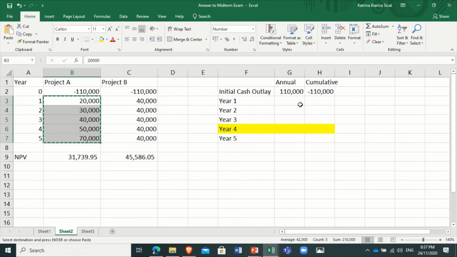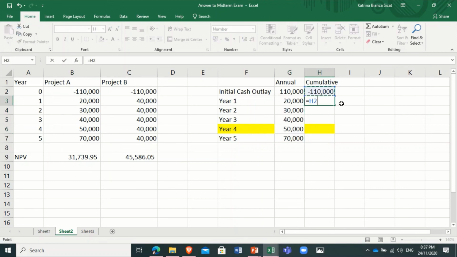So, copyhin ko lang siya dito. Alright. So, from here, equal sign, 110,000 minus 20,000. Ibig sabihin, sorry, plus pala dapat. Naka-negative nga pala. Kasi positive, positive cash flow. So, it's an inflow.